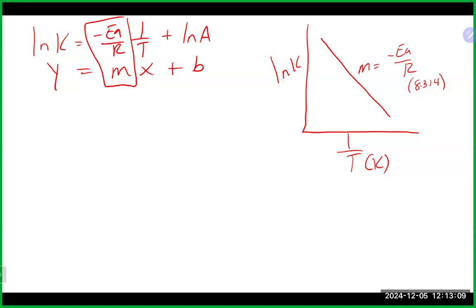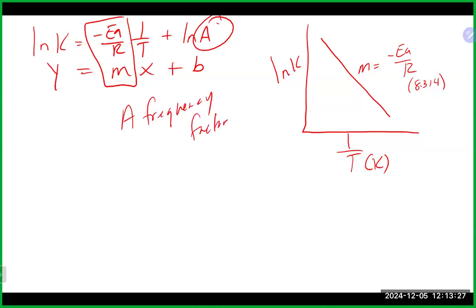And you can graphically determine the activation energy by doing that. And we did that in a couple of experiments, I think, as well. You could also figure out something else that we talked about there, which is A, and that's the frequency factor.